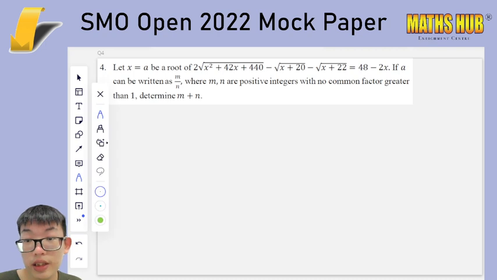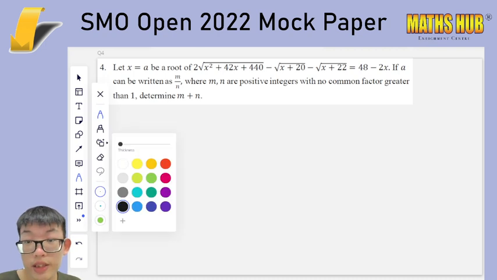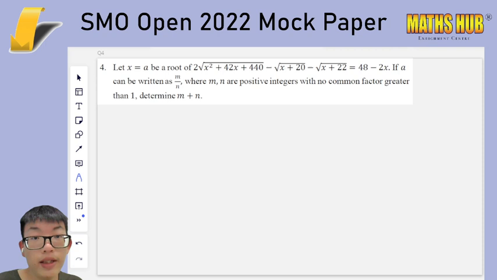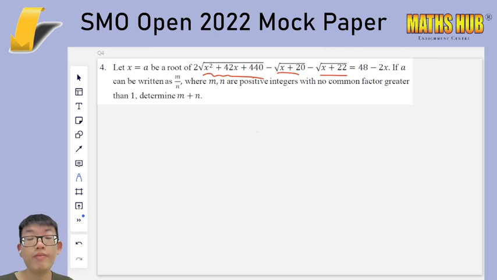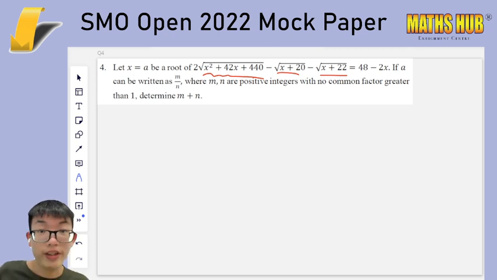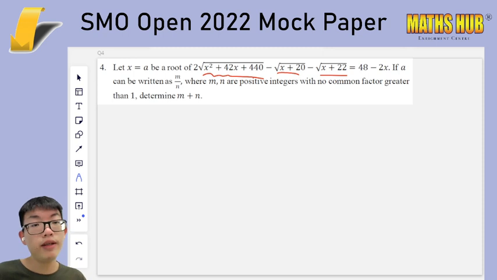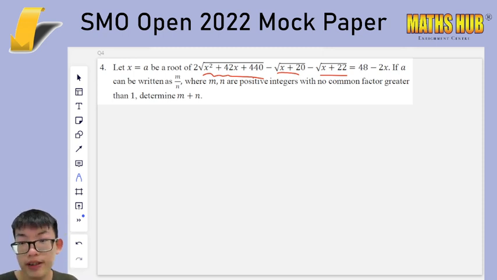Nonetheless, if we pay attention, we notice that x plus 20 times x plus 22 actually multiply to 2x squared plus 42x plus 440. So it stands to reason that that's what's going on here, right? The two expressions here are related to the other square root. The right side, maybe not so much yet.